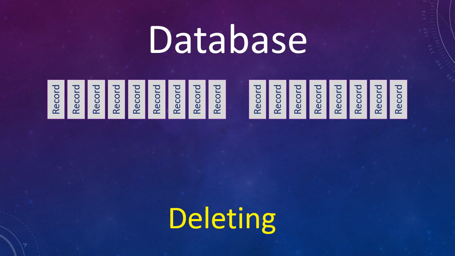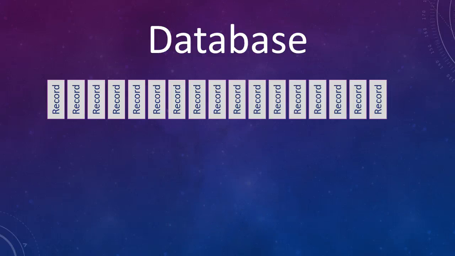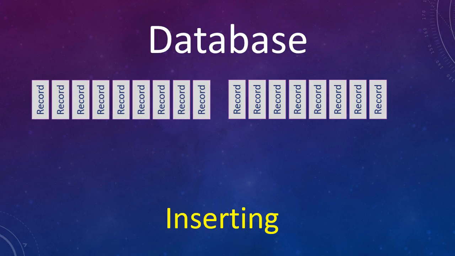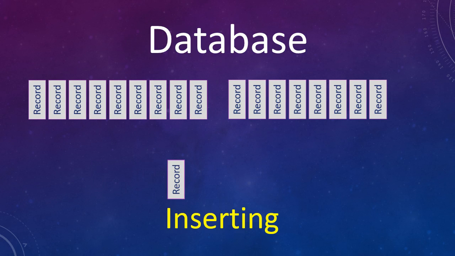Depending upon what algorithm we're using and what data structure we're using, we've got different methodologies for deleting that record. And if we're going to delete something, the inverse is true. We need to be able to insert information into our data structure, into our database.